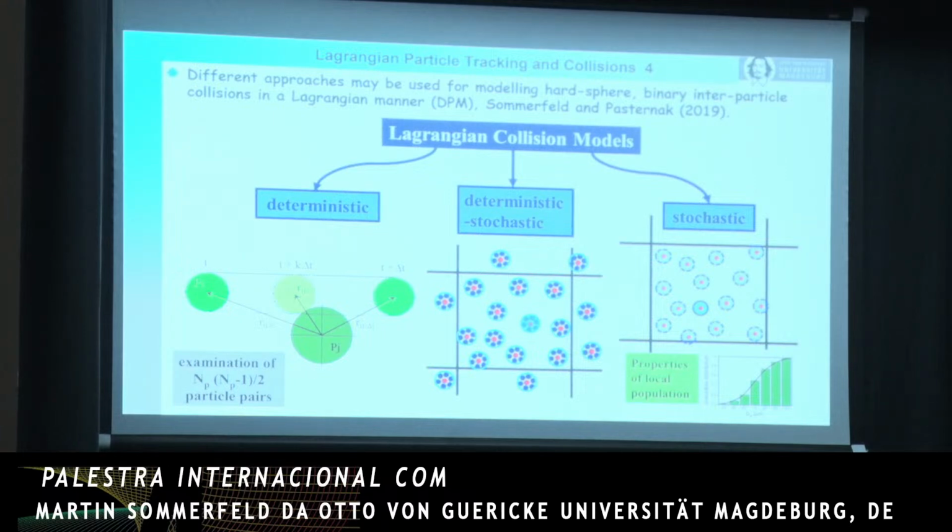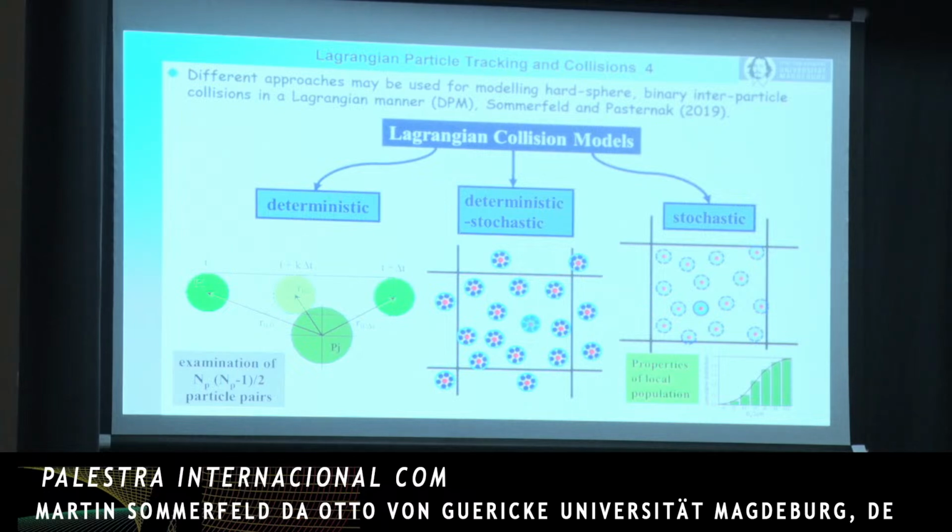Numerically, very heavy. So you have n times n minus 1 over 2 checks of neighboring particle arrangements. You can define some collision spheres to reduce this number, using the mean free path, and look for all particles only in this collision sphere. Then you have this deterministic-stochastic model.